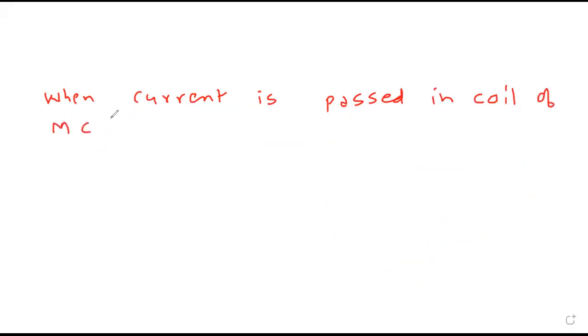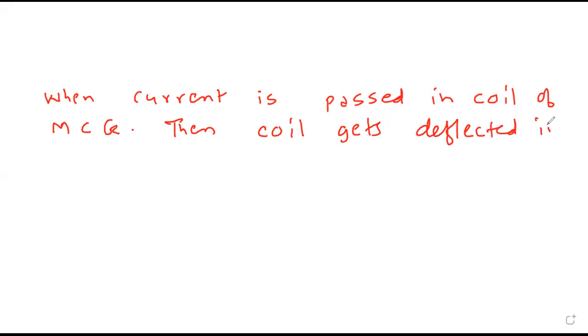When current is passed in the coil of a moving coil galvanometer, then the coil gets deflected in the uniform magnetic field.